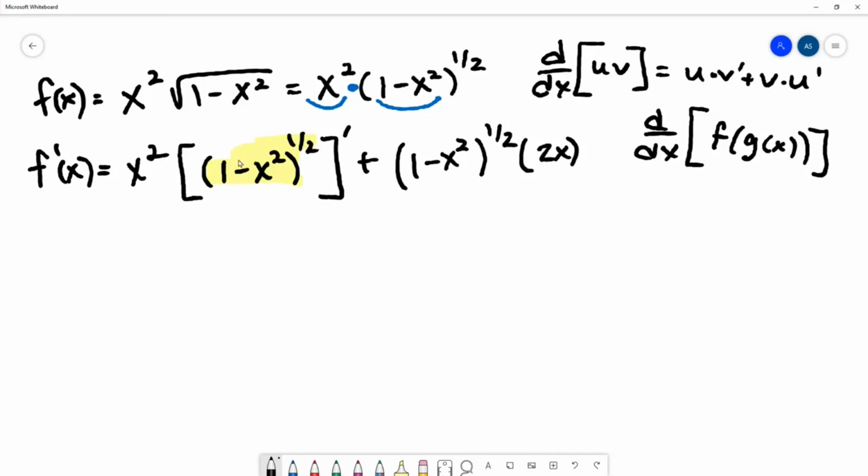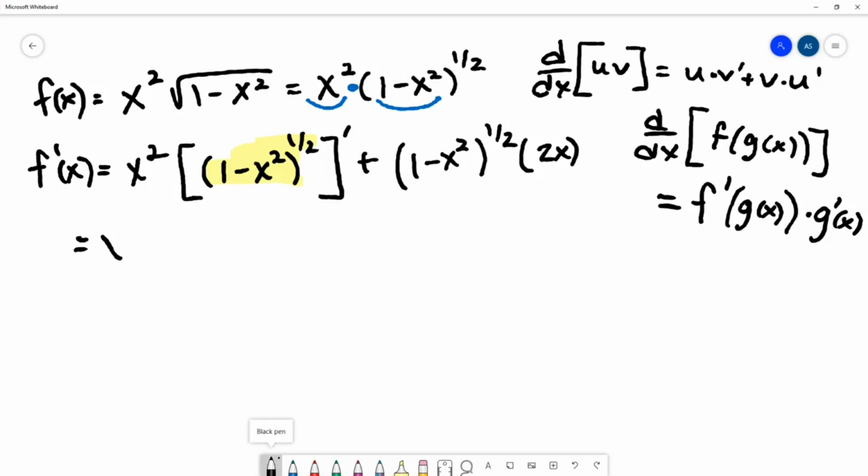So 1 minus x squared is your inside function, and the 1/2 power is your outside function. We calculate the derivative of the outside function, we leave the inside function alone, and then we chain by multiplying by the derivative of the inside function. That's the pattern we're going to follow.